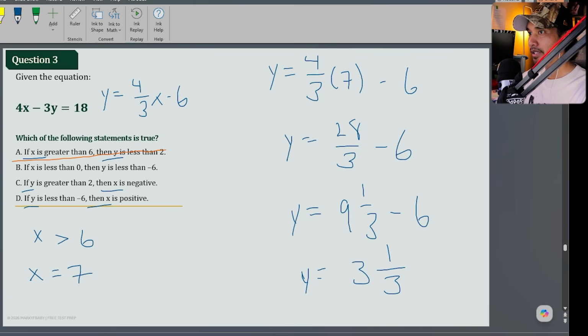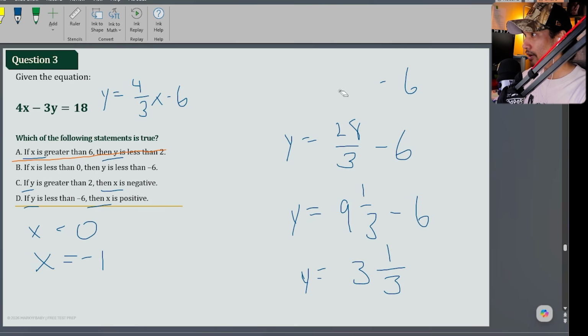Okay, let's go ahead and work with answer choice B now. It says here, if x is less than 0. So x less than 0, I'm going to choose x equaling negative 1. Let's work that out.